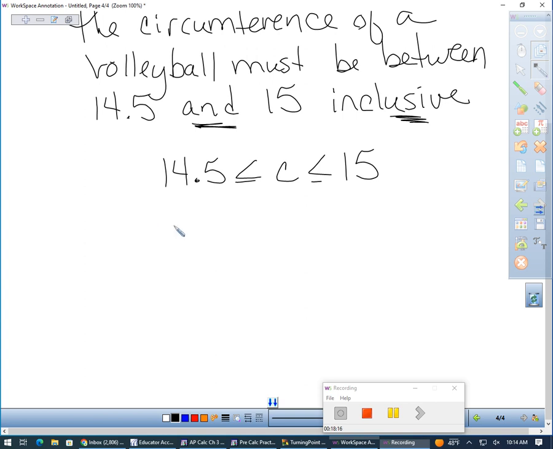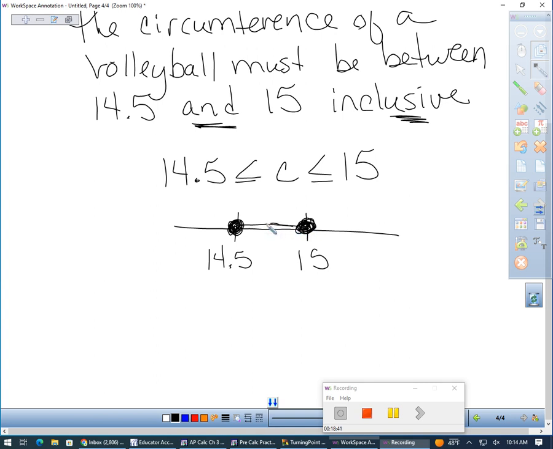So if I were to graph this at 14.5, it says C is greater than or equal to 14.5. That is a closed dot, and C is greater, so it goes this way. At 15, we also have a closed dot, and C is less than, so it goes this way.